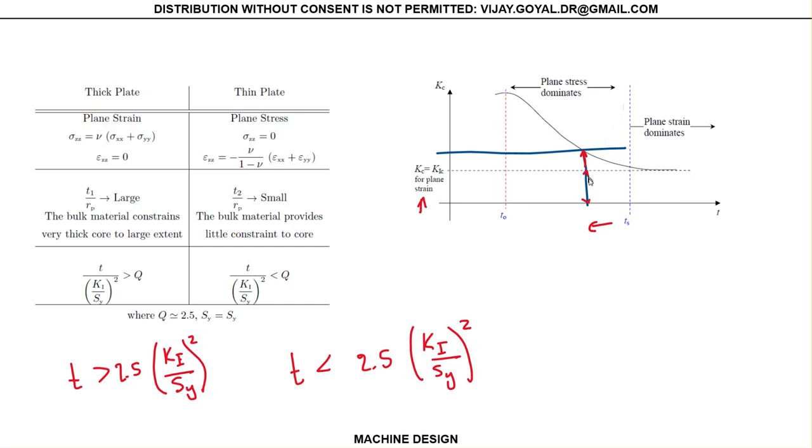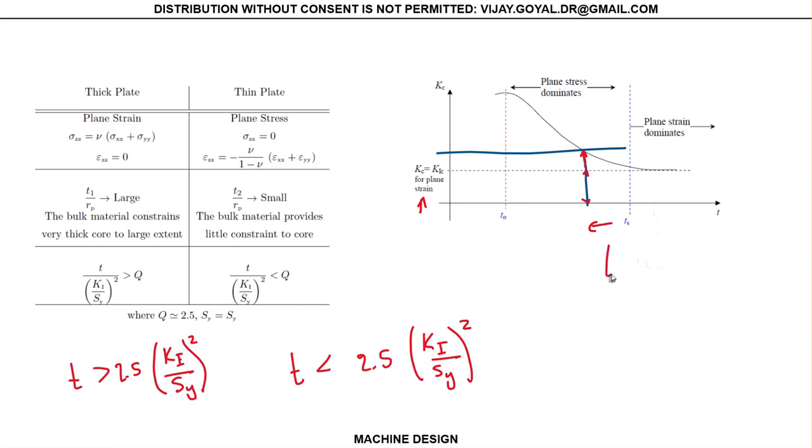Well, maybe you have not failed, because you realize that you are actually in plane stress if your thickness is less than your critical thickness. If it's less than your critical thickness, then it is plane stress dominated. In that case, your equation will be different.